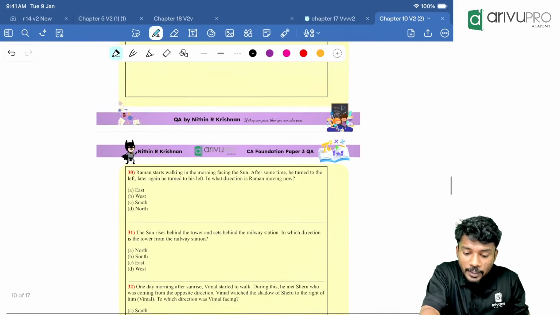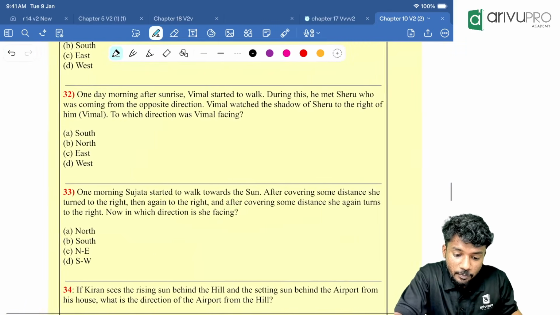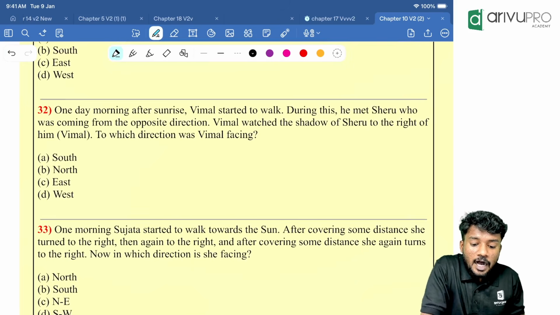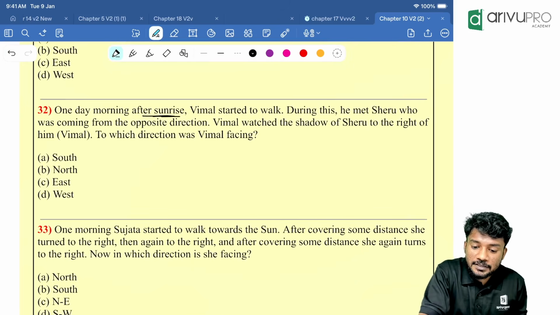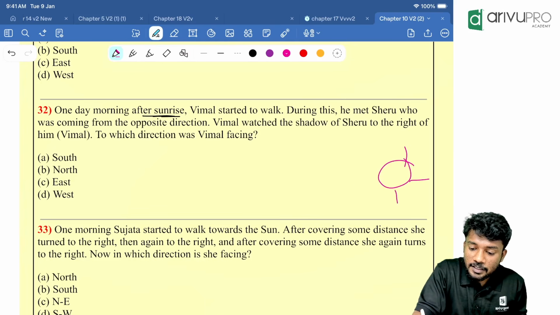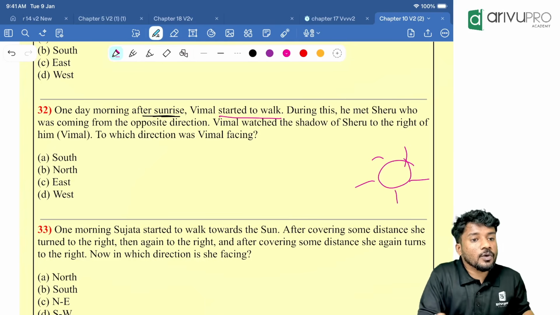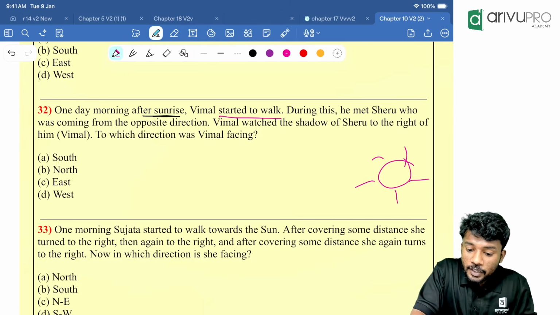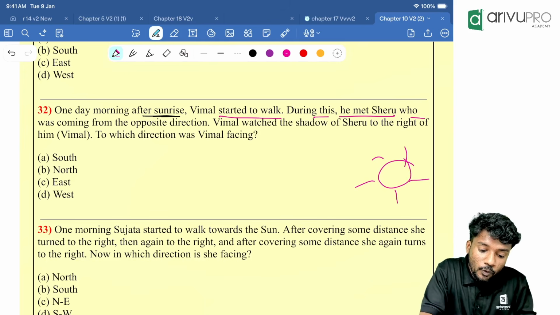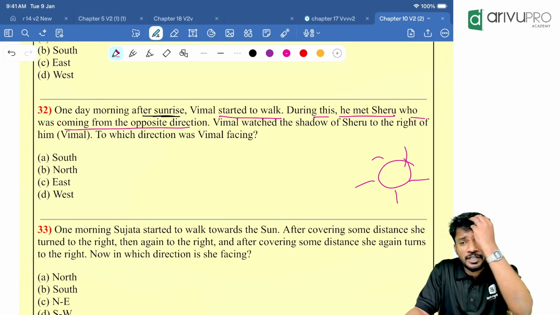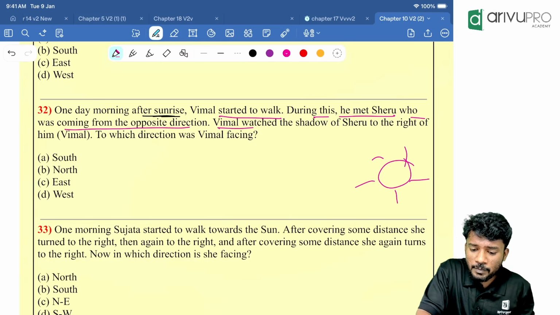Okay, I'll take you to a question. Look at this question, people. One morning after sunrise. So what happens at sunrise? The sun rises in the east. Vimal starts to walk. During this, he met Sheru, who is coming from the opposite direction. We don't even need to know about it. Vimal watched the shadow of Sheru to the right of Vimal.